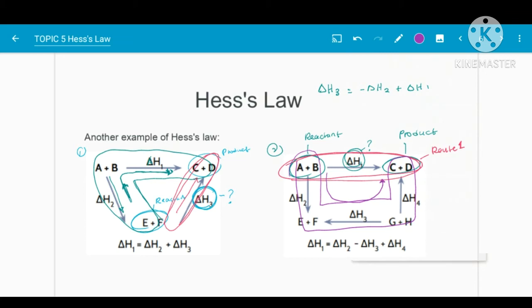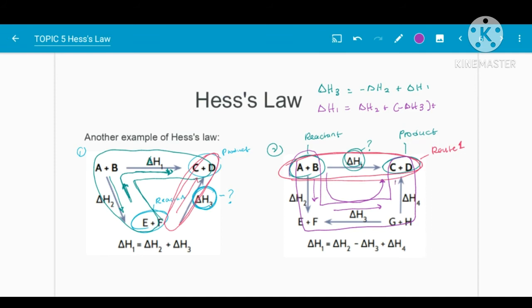Let's come out with the chemical equation. Delta H1 is equal to delta H2, the direction is equal, so it remains positive, plus delta H3, which has the opposite direction, so negative delta H3, plus delta H4, which has the same direction.